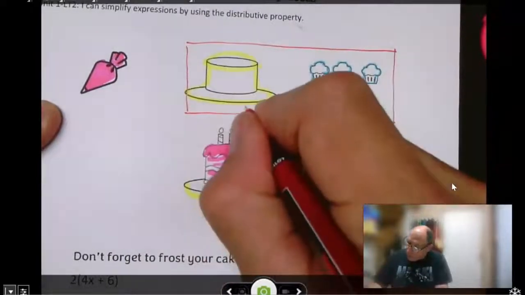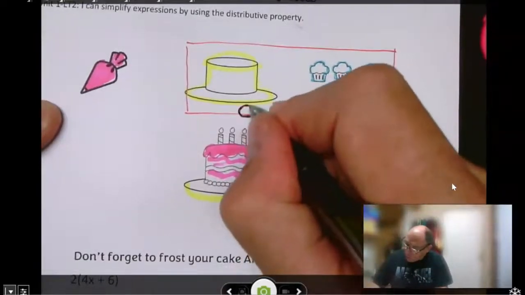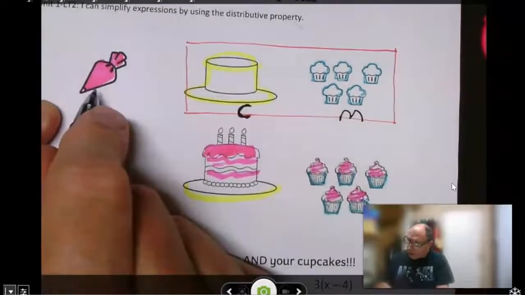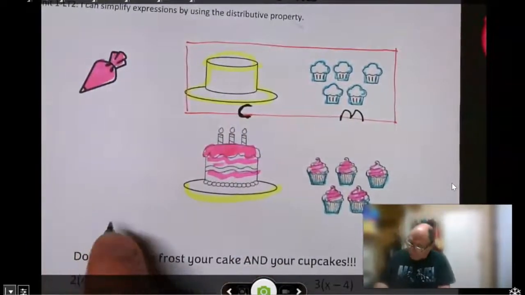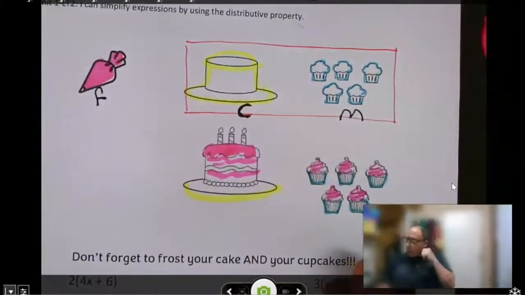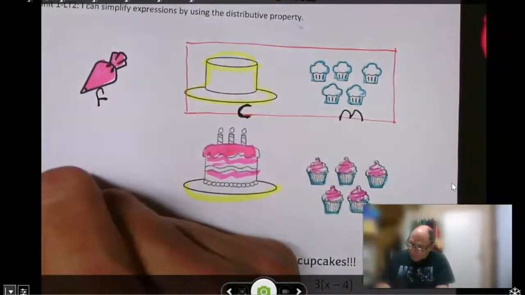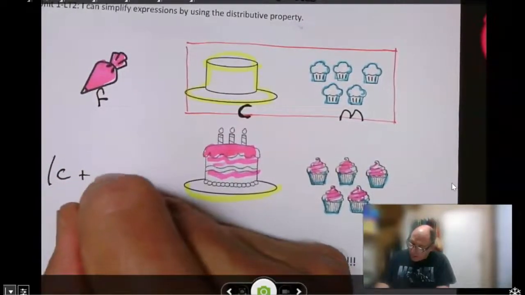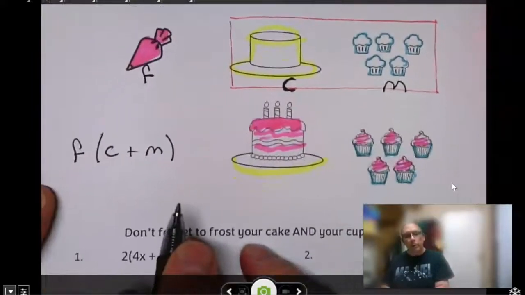We're going to call the cake with the letter C. I guess I should be in pencil here. And the muffin with the letter M. And the frosting with the letter what? Come on, frosting? Thanks, F. Frosting the letter F. And so what this looks like is when I take frosting, and I get everything in the oven, the cake and the muffin, lost you on the picture here.